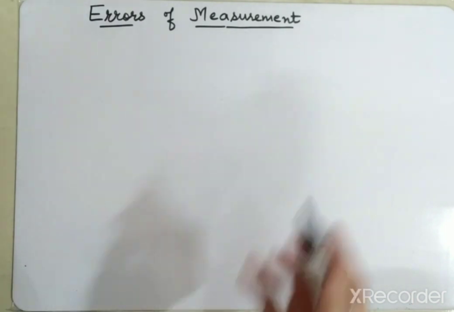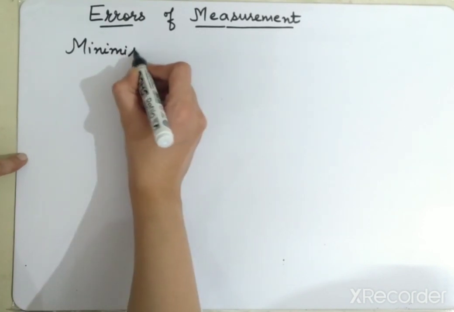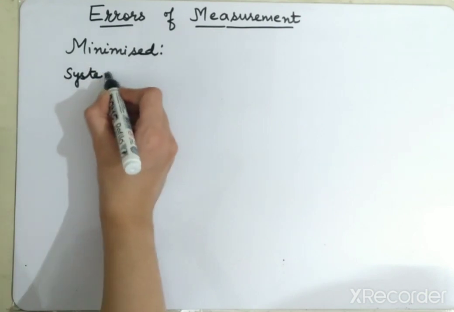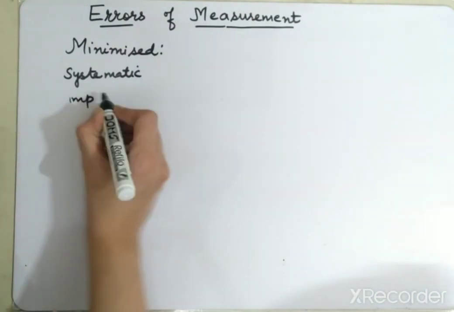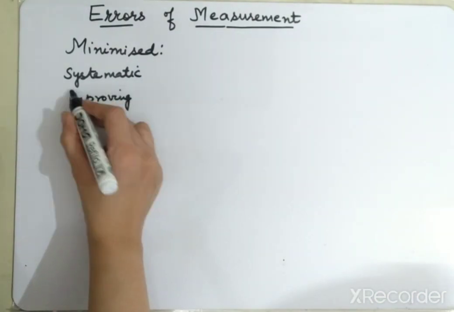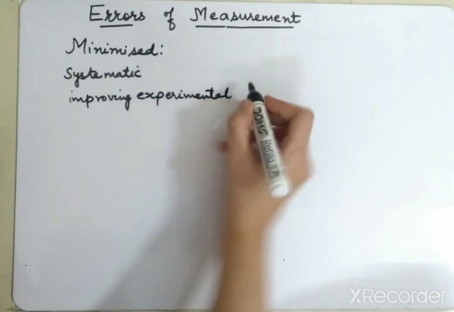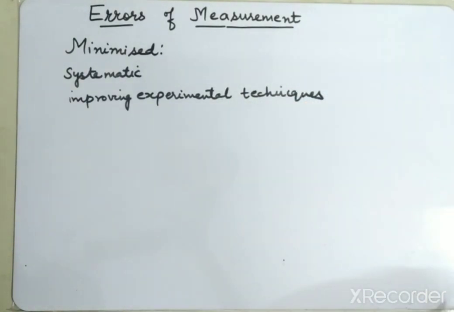Now the question is how these errors can be minimized. So systematic errors can be minimized by improving the experimental techniques, selecting better instruments and removing personal errors as far as possible.